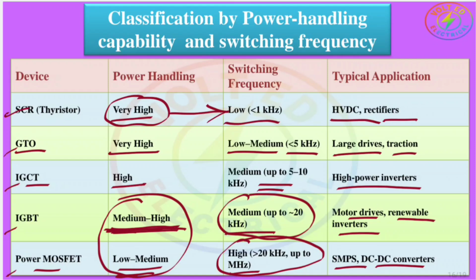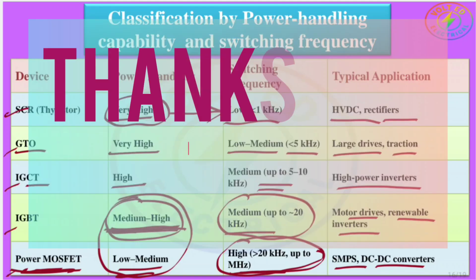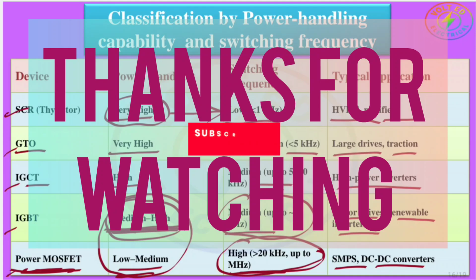Where high switching frequency is required, at that time we will use power MOSFET. Where power handling capability is more, in that case we will select IGBT. So based on that, we can categorize our switching devices according to power handling capability and switching frequency. So this is the vast classification of semiconductor switches and explanation. Thank you everyone.